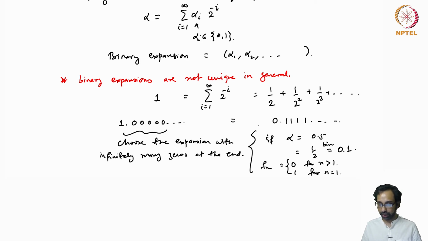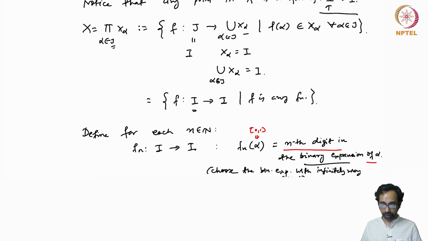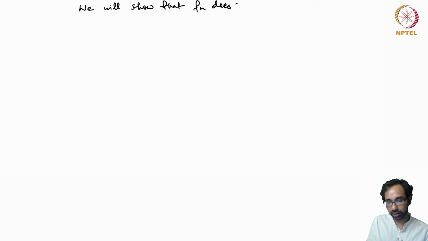Just as an example. Now we are going to show that f_n does not have a convergent subsequence.